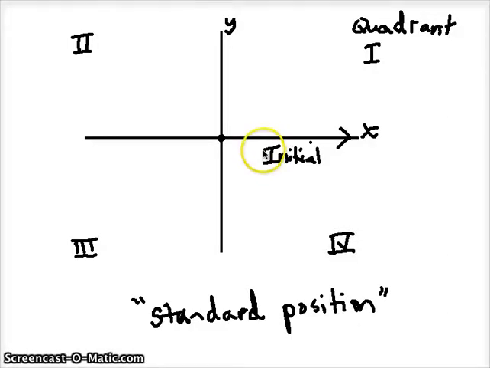We're always going to start there. And where our terminal side ends up is going to be known as the quadrant in which the angle lies. So you're going to see probably some questions in your math book that say where does the angle lie given its measurement, or where does the terminal side lie. So we're always looking at that terminal side.